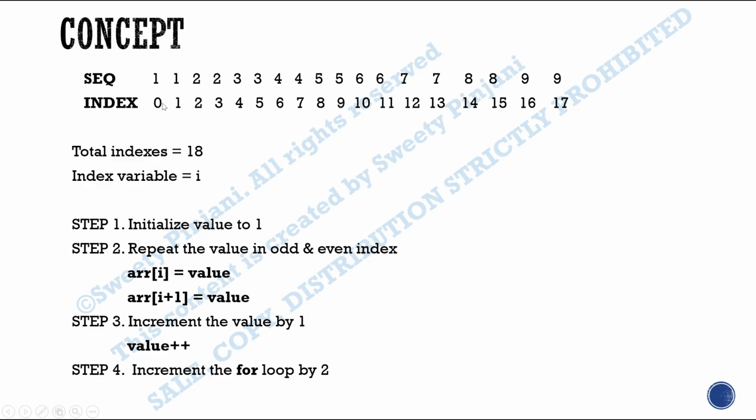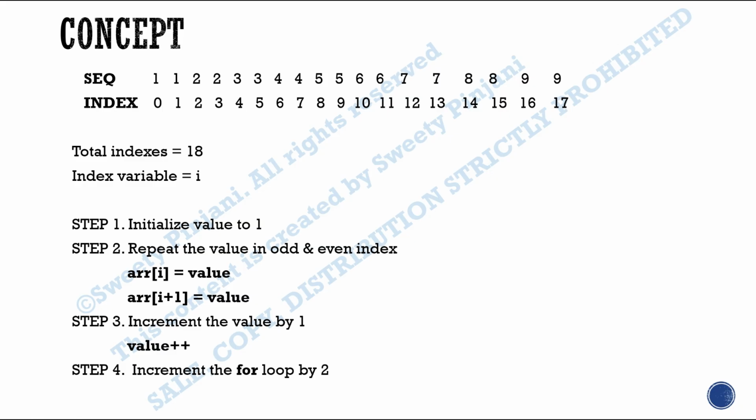Like first time, if the loop variable is 0, inside that you are assigning the value for index 0 and 1. Next time increment it by 2 so that the index becomes 2. That time you will assign the value for the index 2 and 3, and then again you have to increment by 2 so that it becomes 4.